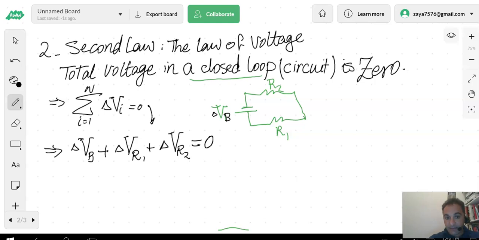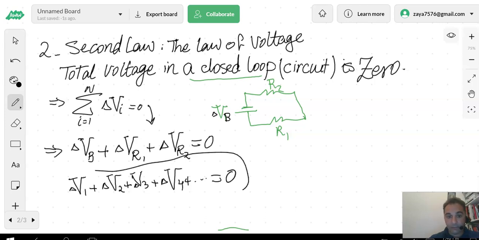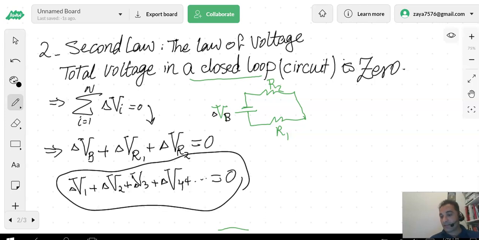This is this. Sigma delta V_i, that means voltage 1 plus voltage of component 2 plus voltage of component 3 plus voltage of component 4 plus to the end, this is equal 0. This is called Kirchhoff's second law. Do not forget it.